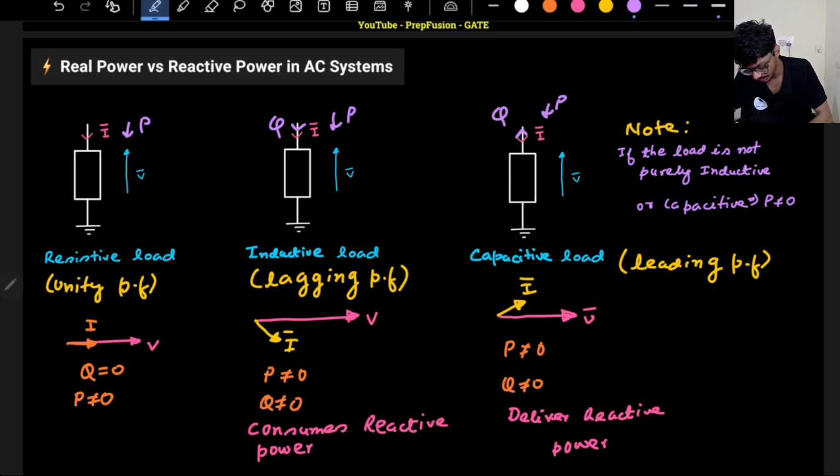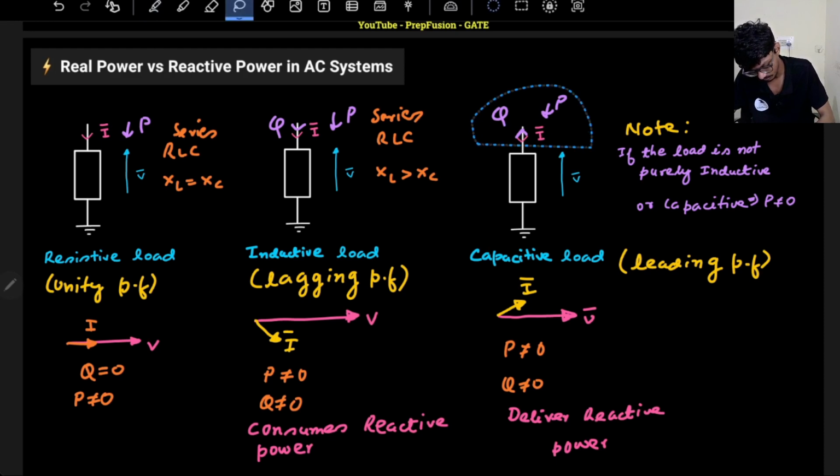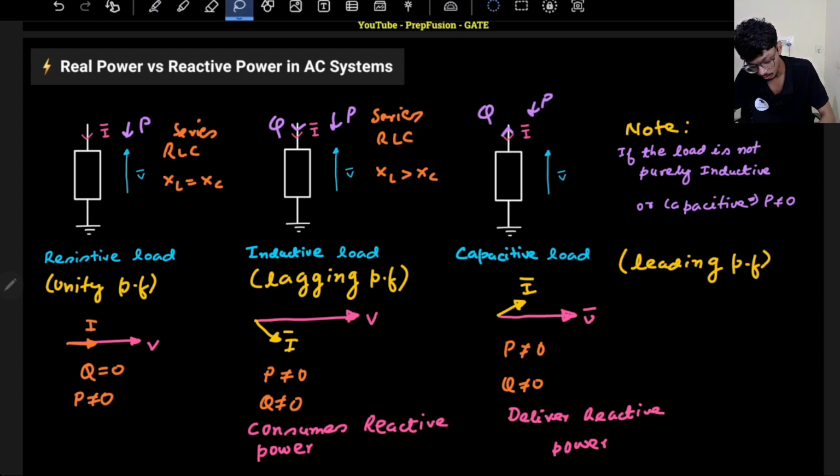Now if it's an RLC load, then what I can comment is that for a series RLC load, if XL is equal to XC, that is one case. If XL is greater than XC, the load is inductive overall. Otherwise, if it's a series RLC and XC is greater than XL, then although it has a bit of inductive nature in it, overall the capacitive nature will dominate.